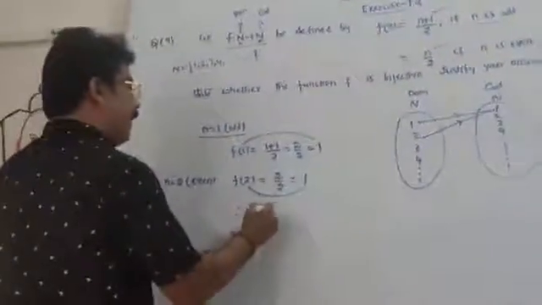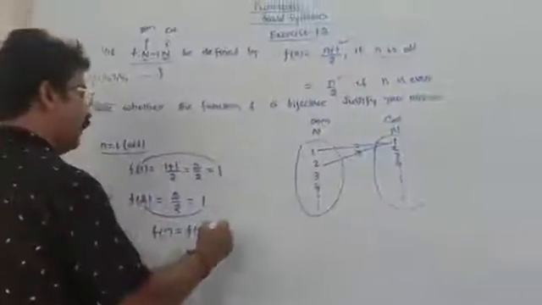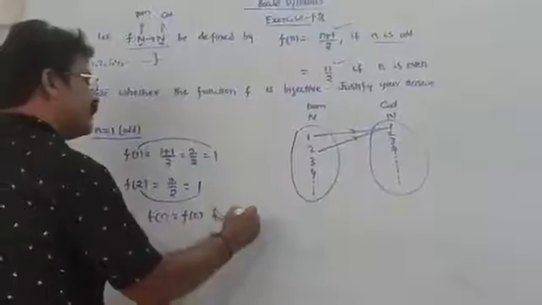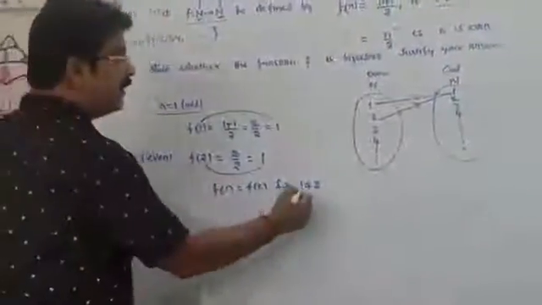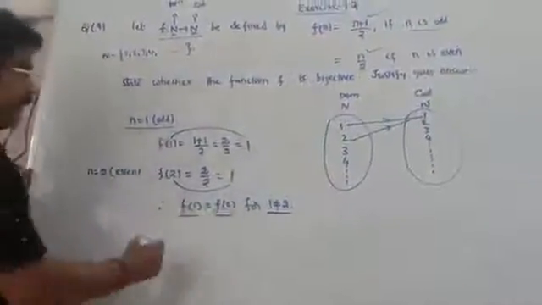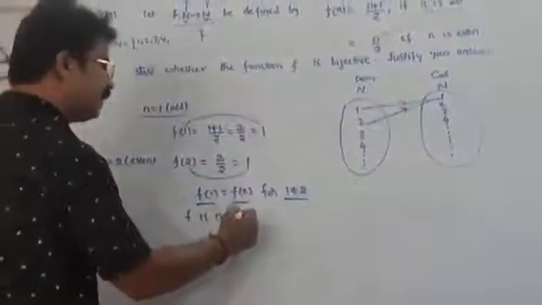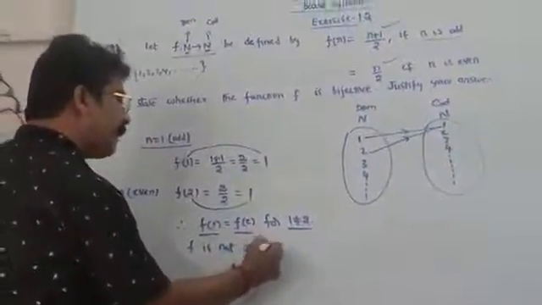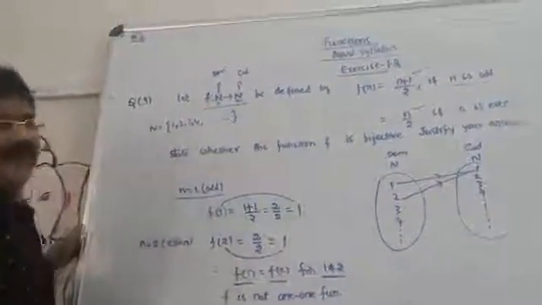Therefore, f of 1 is equal to f of 2 for 1 not equal to 2. So therefore, even if the elements are different, images are same. Therefore, f is not one-one function.